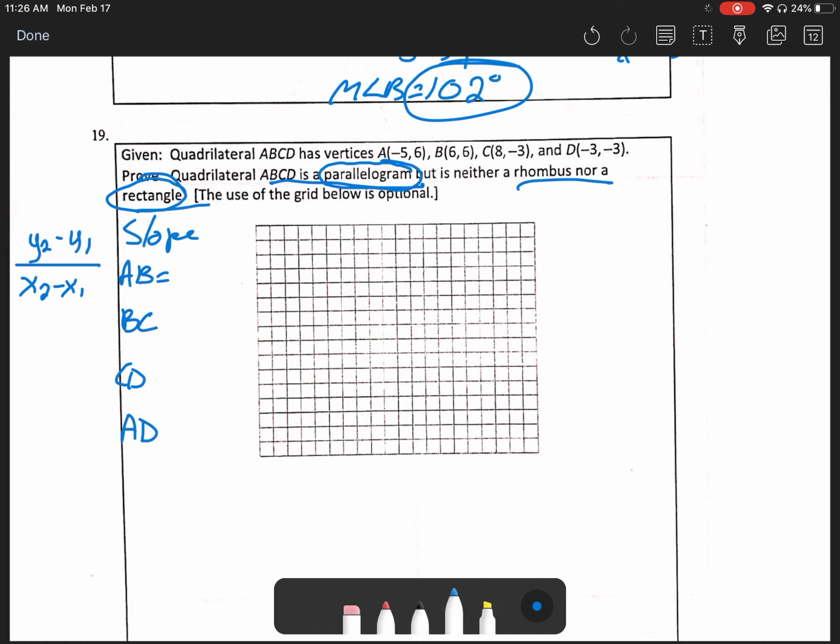So from A to B is going to be 6 minus 6 over negative 5 minus 6, which is 0 over negative 11, which is going to be 0. So the slope of the first one is 0.